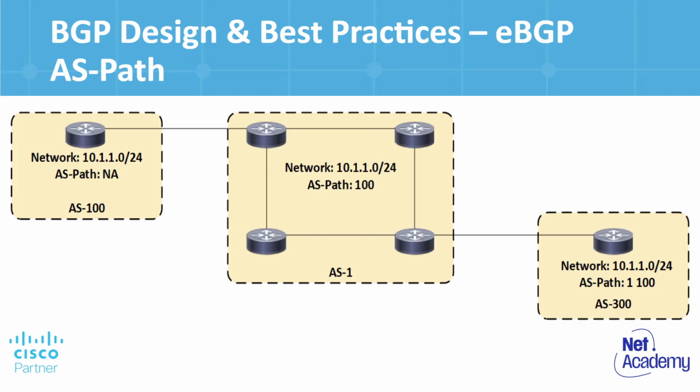Now, it's important to understand that in eBGP, the AS path is also used for loop avoidance, right?